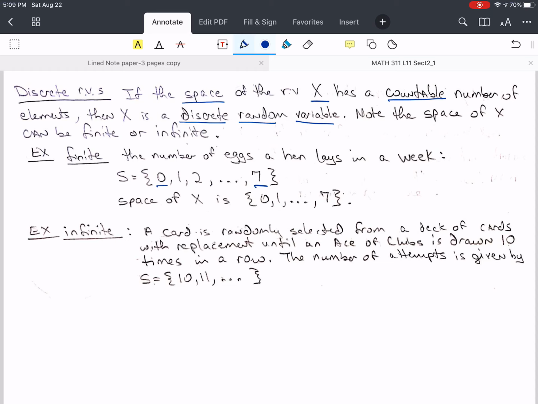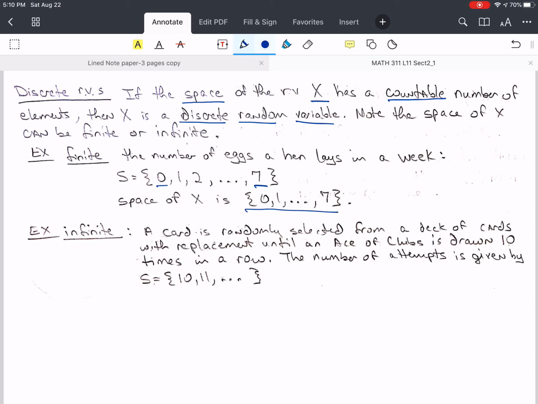So it could be anywhere in between. She can't lay 1.5 eggs in a week, or half an egg in a day. So it's discrete. There's a gap between 0 and 1, and 1 and 2, etc. But we can count them. And so the space of X is the set 0 to 7.